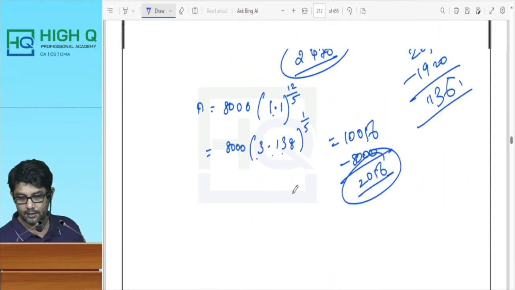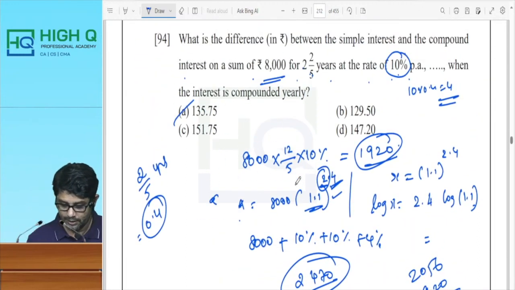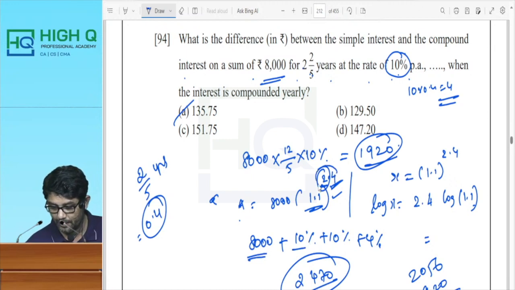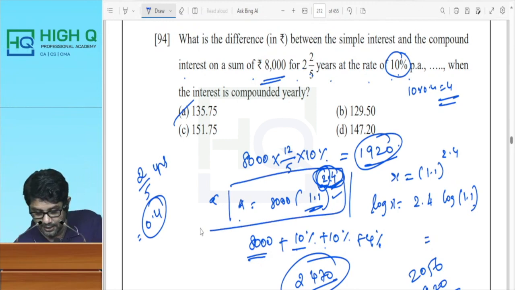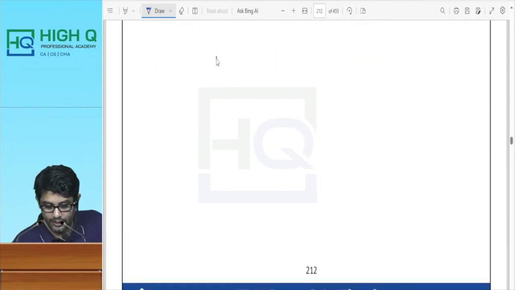Listen here. What I did was, look at this. Similar type of question only. Either I can go ahead with 8,000 plus 10%. See, here it is 2.4. It is 2.4. 10% plus 10% plus 1 time 4%. We'll get an approximate value. Or otherwise, we were finding difficulties. Look at this. What I did, 8,000 into 1.1 whole power 12 by 5.